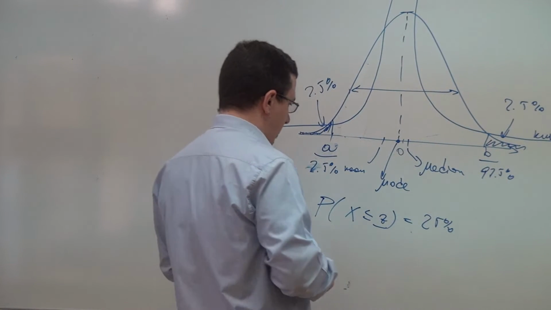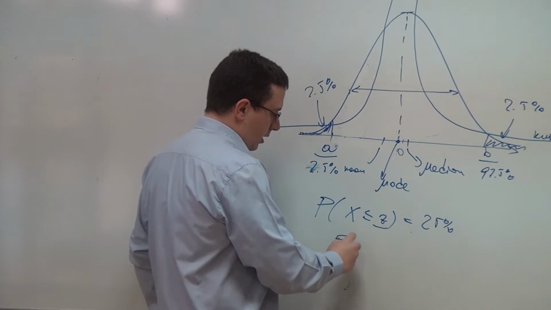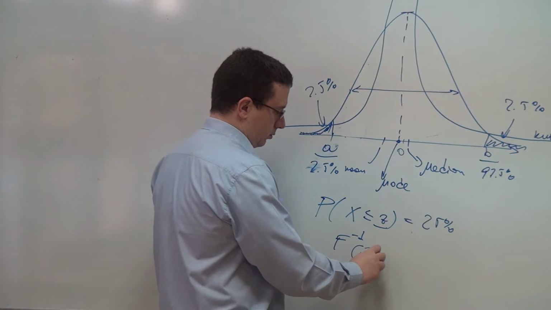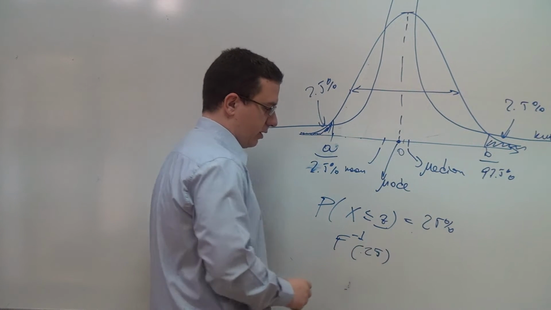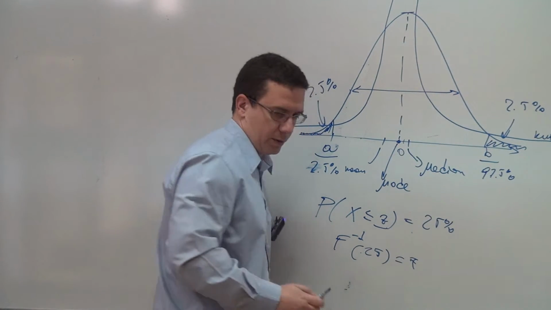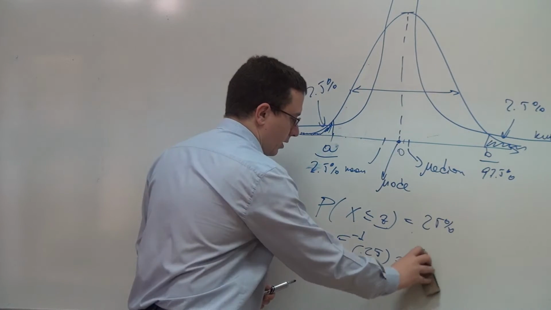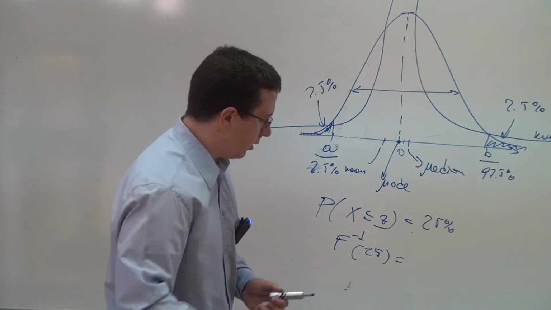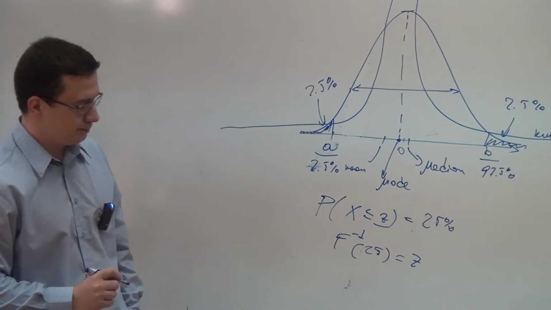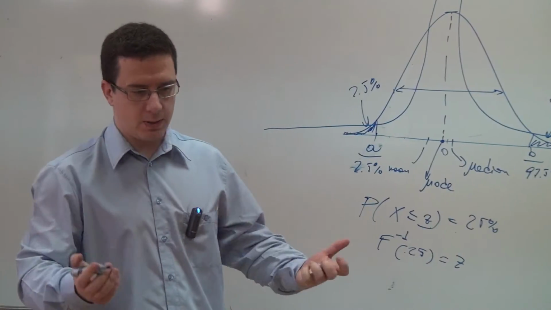And of course, the way to do this is to take the inverse CDF, and this would give us Z. Sorry, I tend to write fairly ugly when it gets down to the bottom of the board. So that's a quantile.